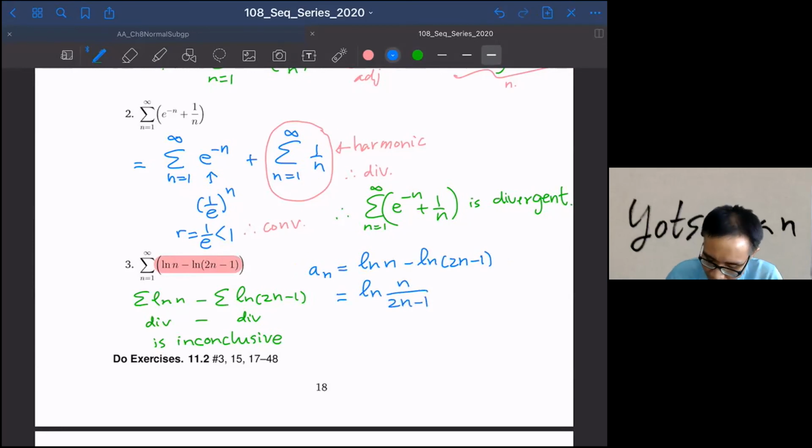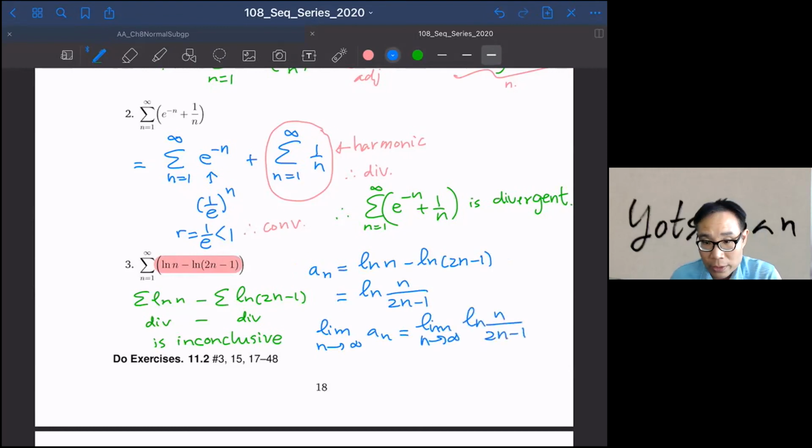You find the limit as n goes to infinity of a_n, so it's the limit as n goes to infinity of log of n over 2n minus 1.